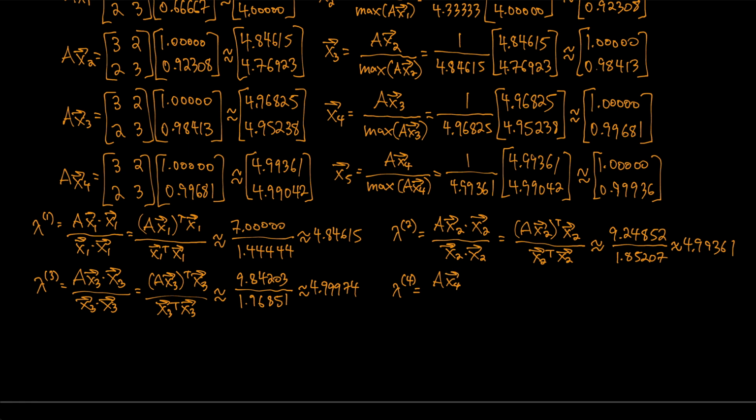All right, 2 left. Lambda 4, AX4 dotted with X4 over X4 dot X4.